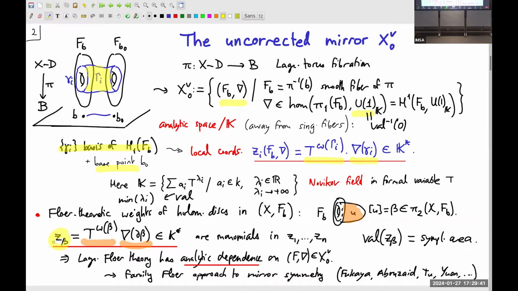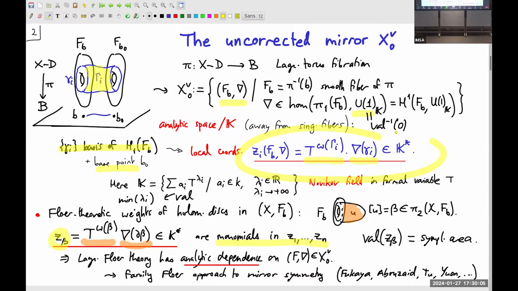I should probably have pointed out, almost by construction, these Z betas are monomials in the coordinates up here, where the exponent has to do with the expansion of the boundary of beta in the given basis of H1, and the constant term has to do with the amount of area at the reference position.